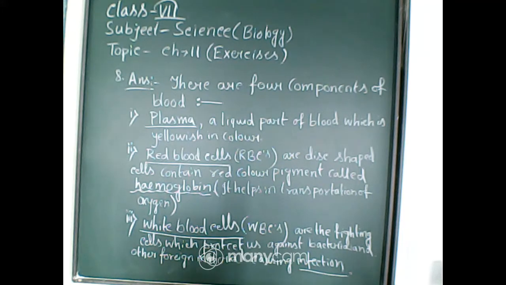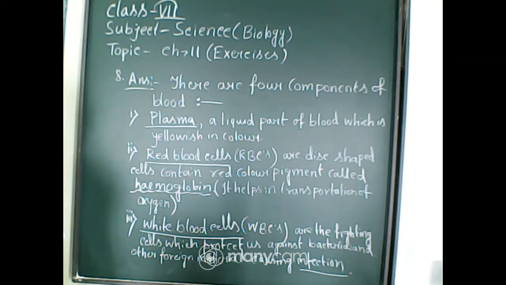White blood cell. Okay, so here I have written only 3 and there is no place for writing another component of blood. After rubbing this, I will write the 4th component. Here I have mentioned plasma, the liquid part of blood which is yellowish in color.